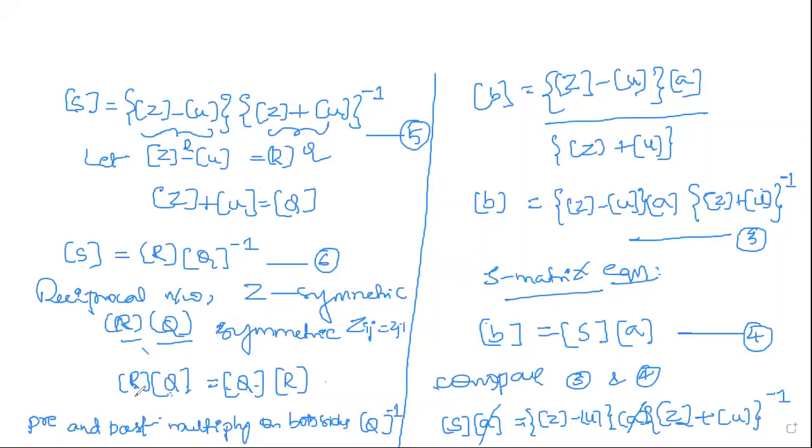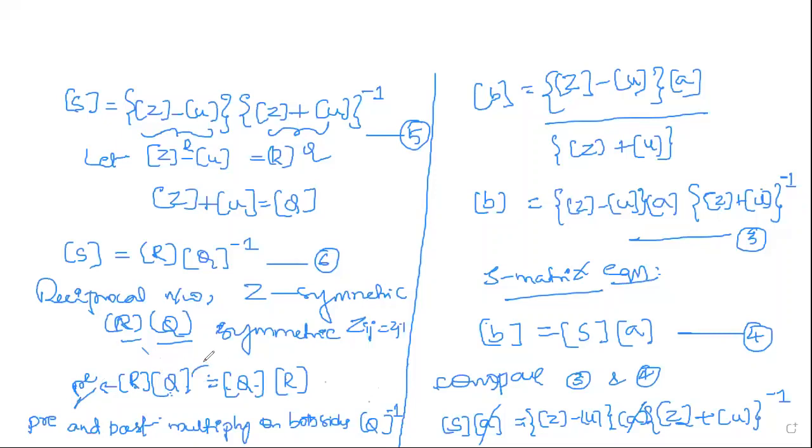For this equation, pre and post multiply. What does pre and post multiply mean? Suppose you consider the left hand equation. Pre multiply means you are multiplying before the term. So if you multiply Q inverse before the R matrix, that is pre multiply.